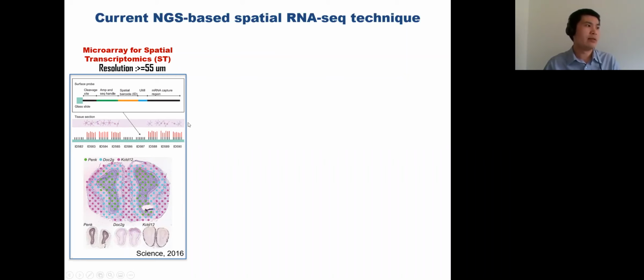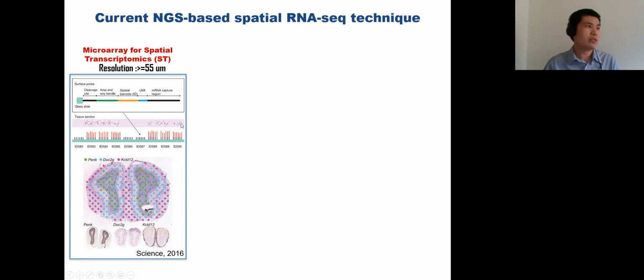We can just put the whole piece of tissue on top of an arrayed probe capture spots. Those spots act like hotspots. You can retrieve the spatial information after you finish the whole process and get the sequencing data for each of the spots. So the process is simple.